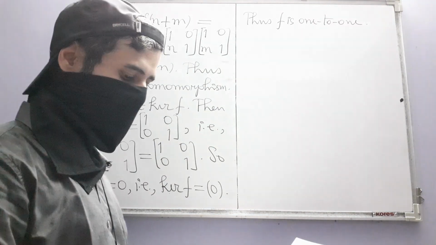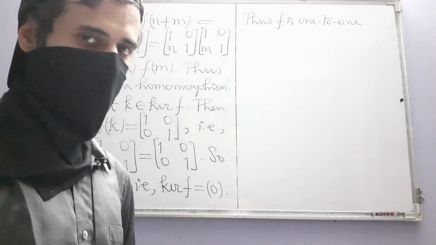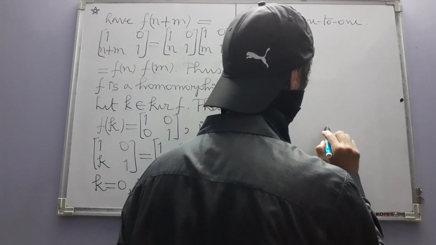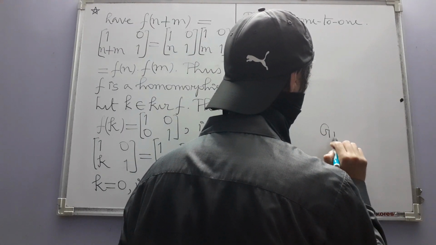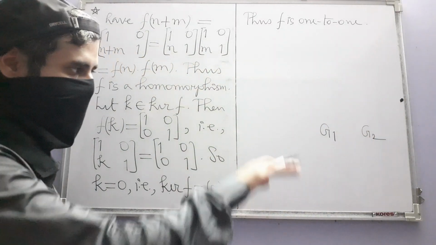Now you recall a result, theorem 412, from the section on homomorphisms. What it says is this: suppose G1 and G2 are two groups. It says many things.